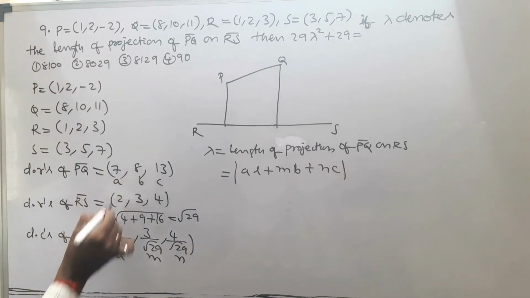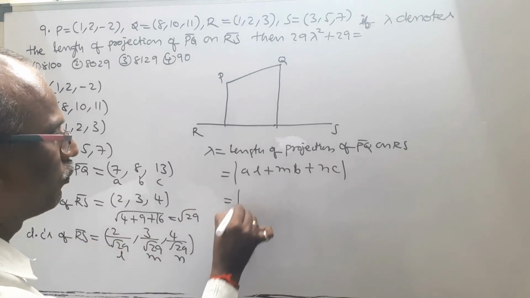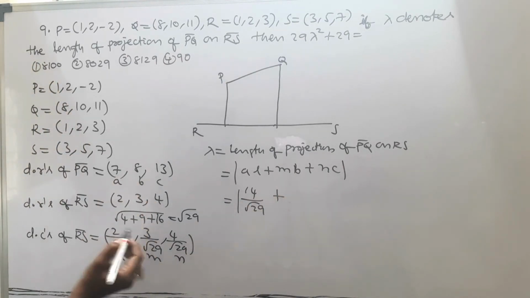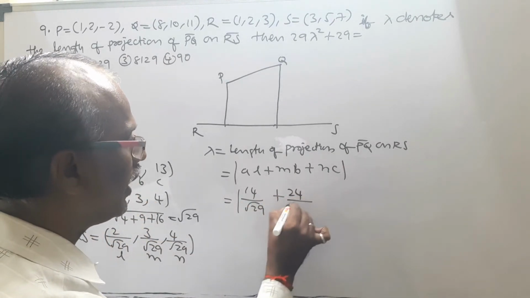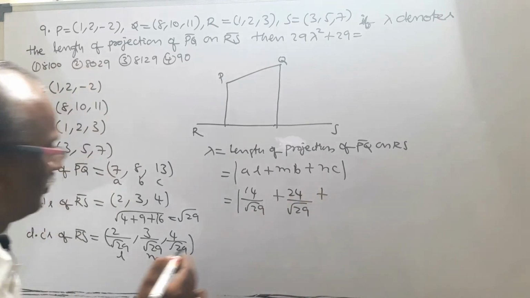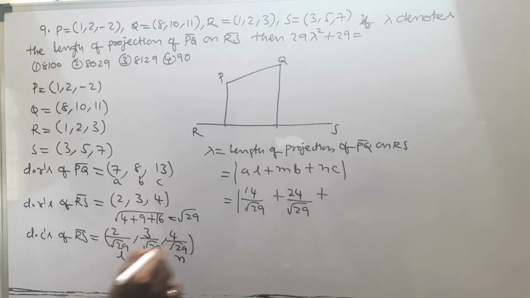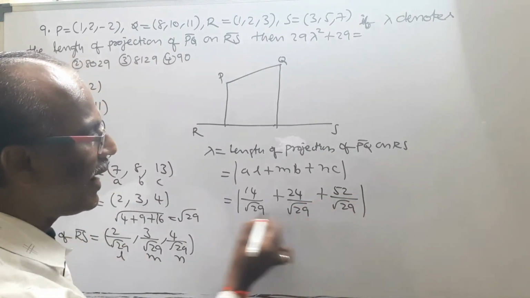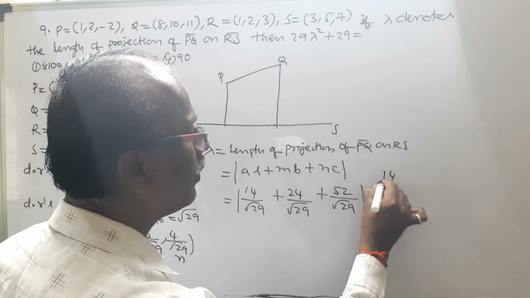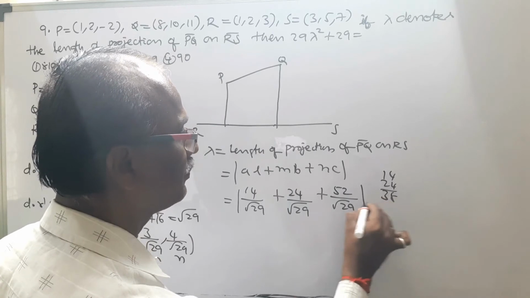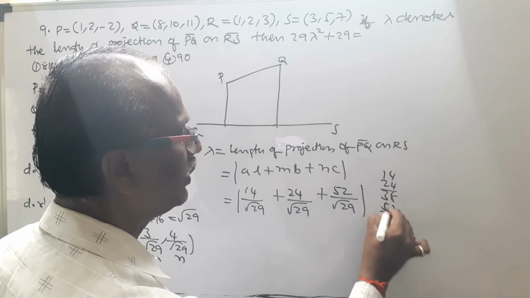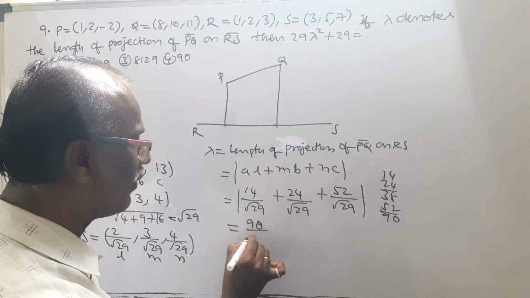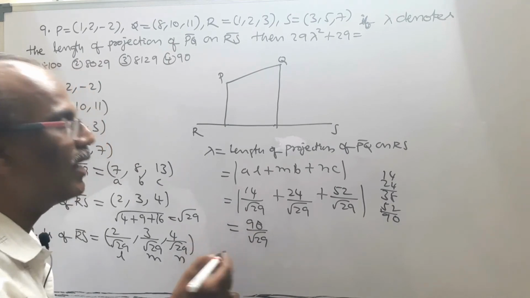Here 7 into 2 is 14, 14 by root 29, plus 8 into 3 is 24, 24 by root 29, plus 13 fours are 52, 52 by root 29. Here root 29 is the LCM, then add 14 plus 24 is 38, plus 52 is 90. 90 by root 29. Modulus of 90 by root 29, so lambda is 90 by root 29.